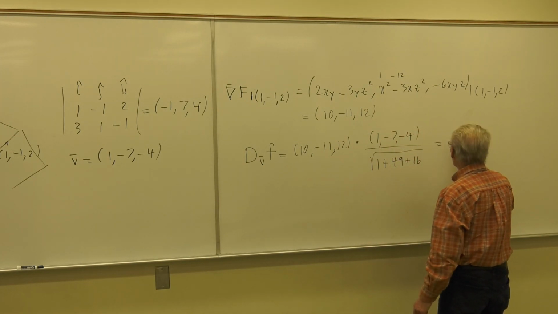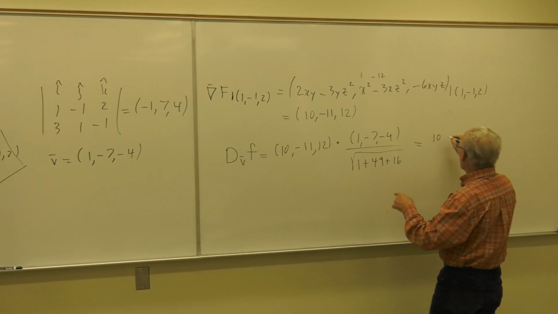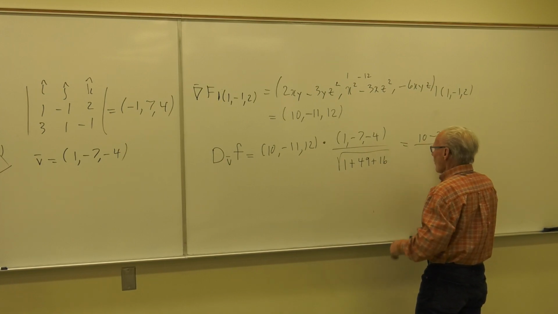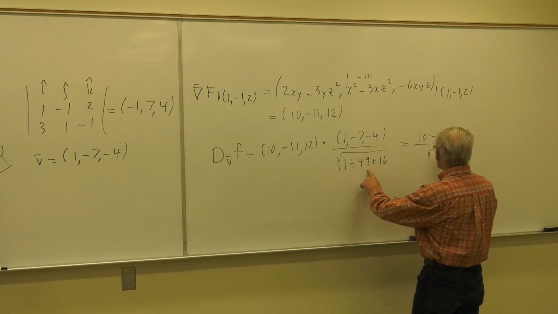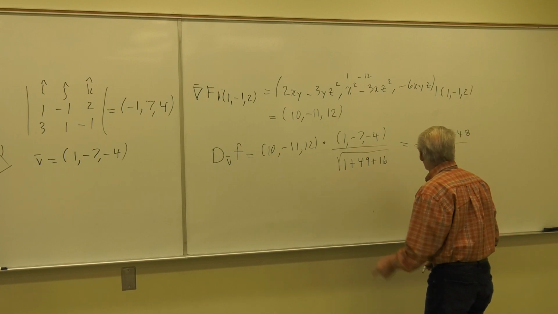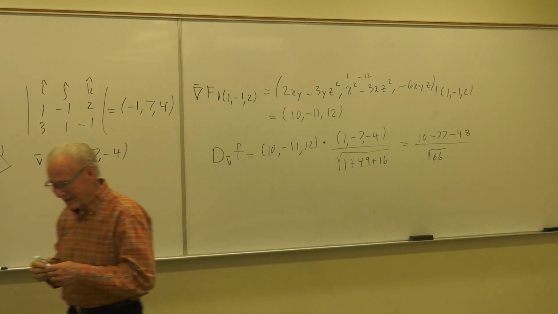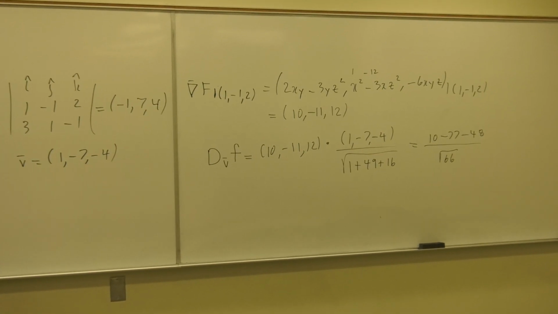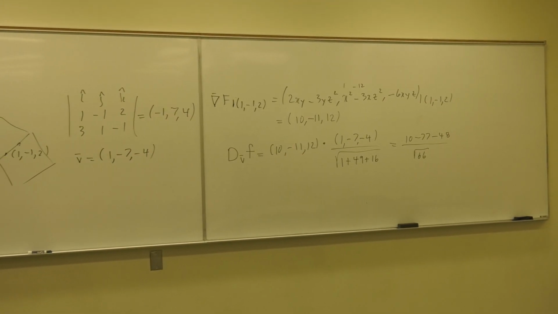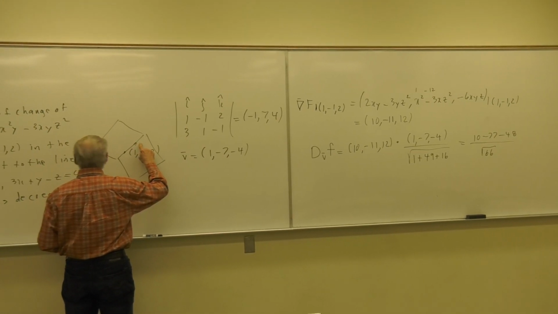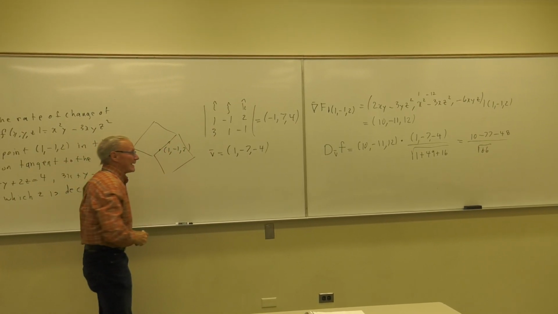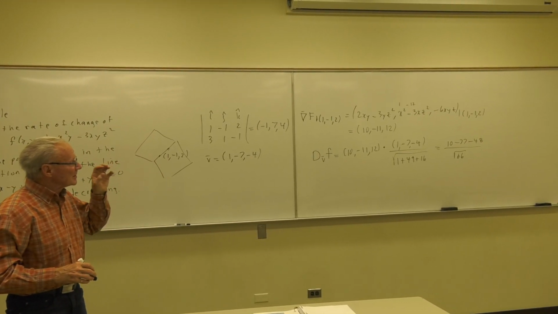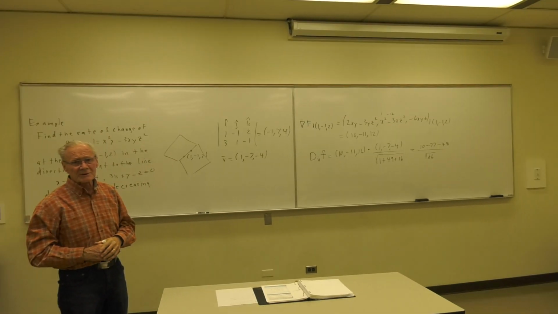So we get 10 minus 77 minus 48 over the square root of 66. Whatever that number is, it's negative. What does that mean to us? The fact that it is negative simply says that at that point, if you go in that direction, this function is decreasing. Same idea as first year, right? The function is getting smaller and smaller as you go in that direction.